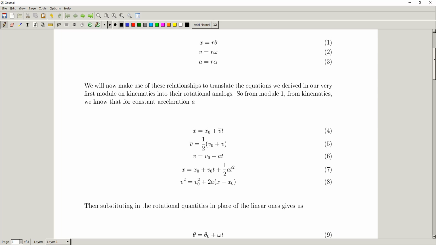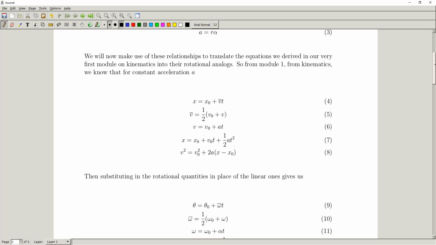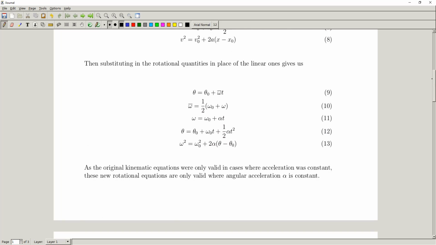So we need to be careful. All these equations only apply where there's constant linear acceleration, constant a. And similarly, all these equations written in terms of our rotational quantities only apply where we have constant angular acceleration. So this only works where we have constant alpha.